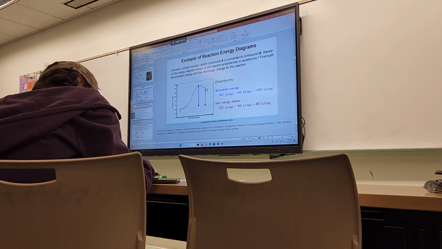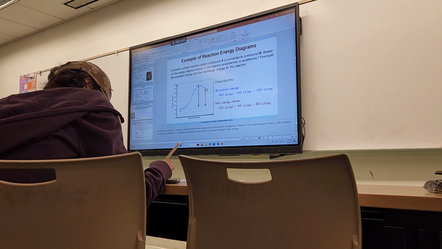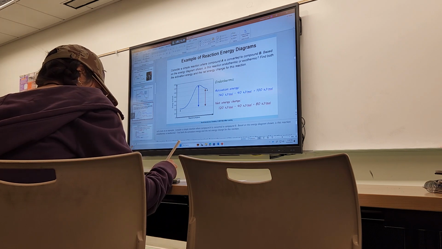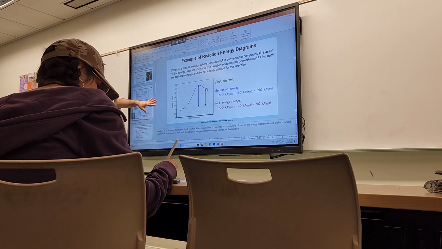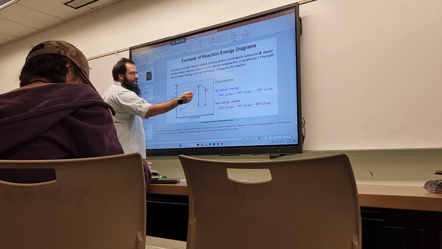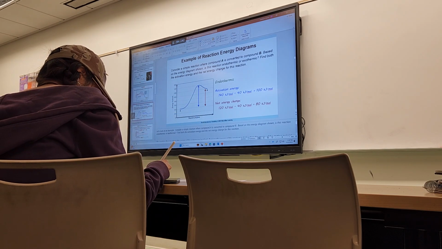Now over here we have an example of an endothermic reaction. And as the example says, in terms of the energies, you should be able to predict and even calculate what is the total energy loss and what is the activation energy from this type of diagram. Okay, so if you just measure the difference between A and B, that will be your net energy change.